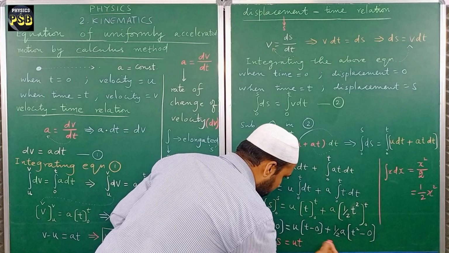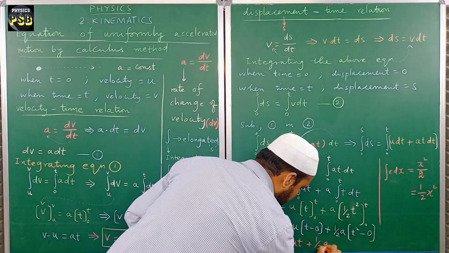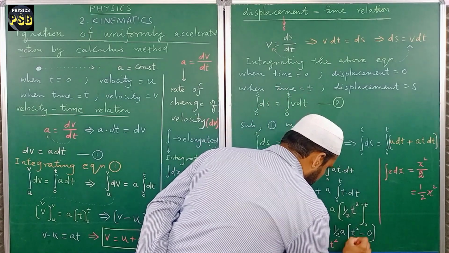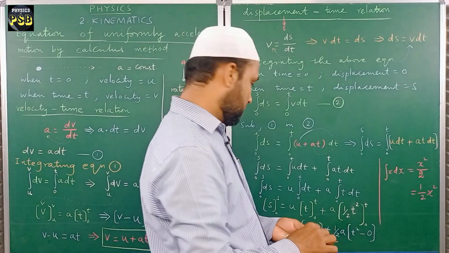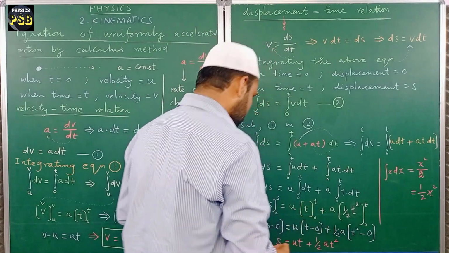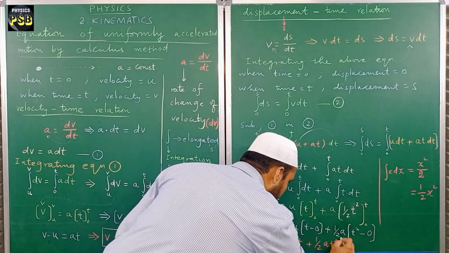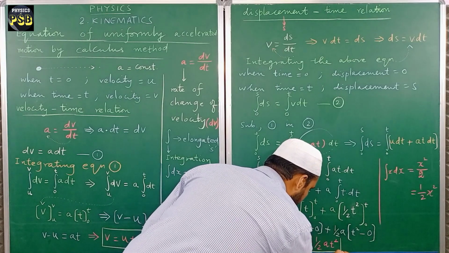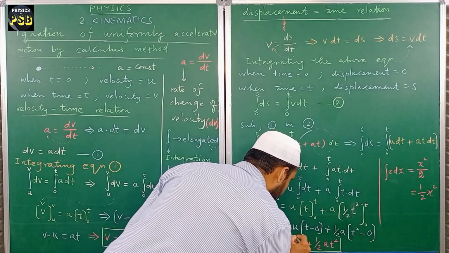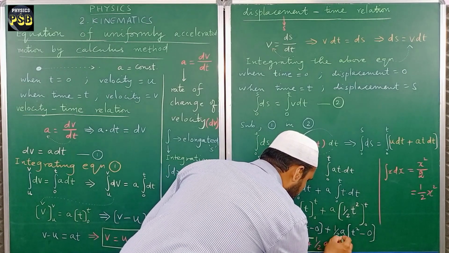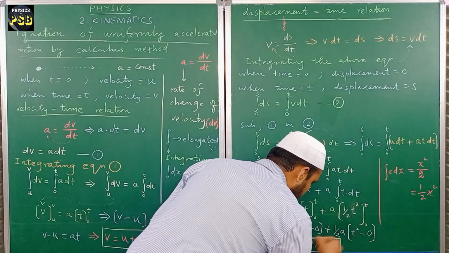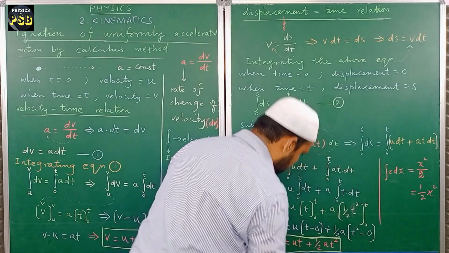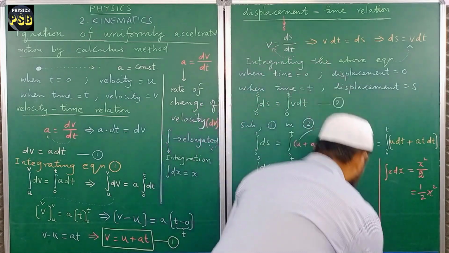So we get s equals ut plus half a t square. This is the second equation of motion. I'll box this equation. Right? This is the second equation of motion. I name this equation as equation number 3.